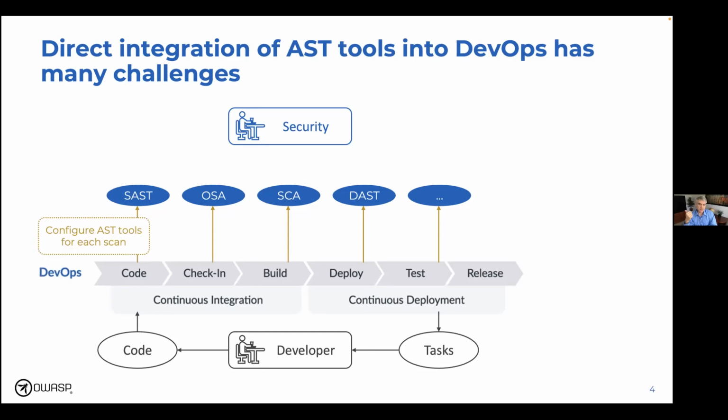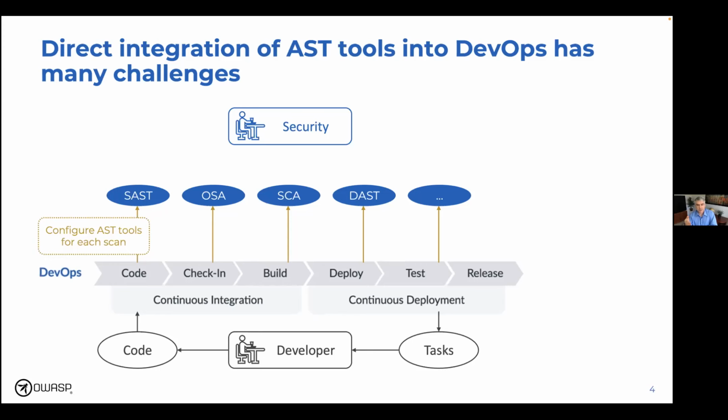OSA tools are also called at the beginning of the CI/CD pipeline. Now, when a tool should be called to do a scan, each of these tools needs to know which code version to test or which artifacts to scan. And so that information needs to be passed to these tools.